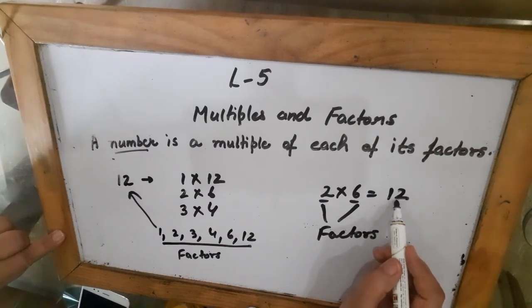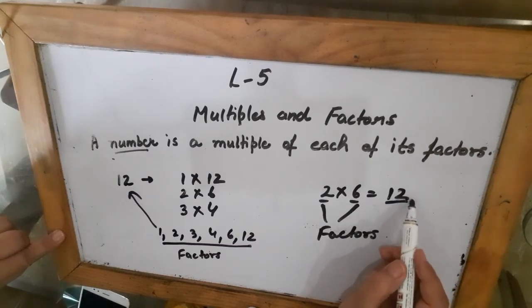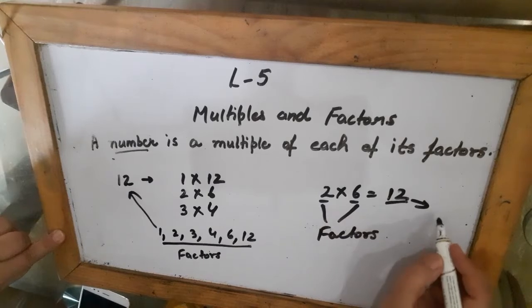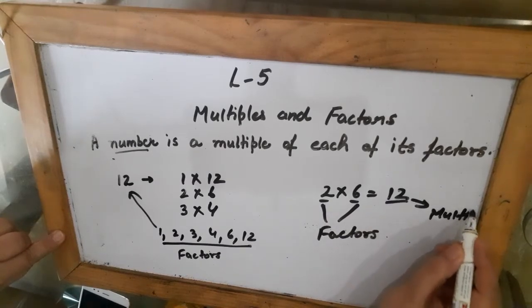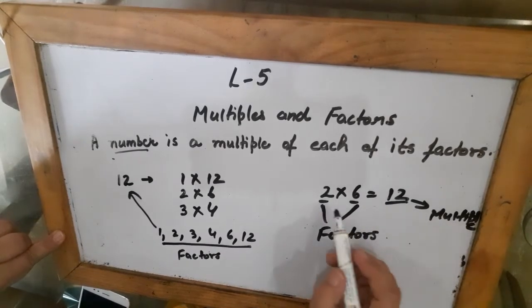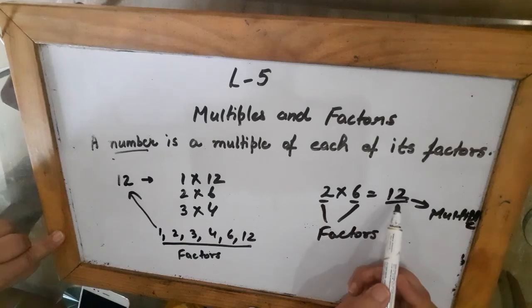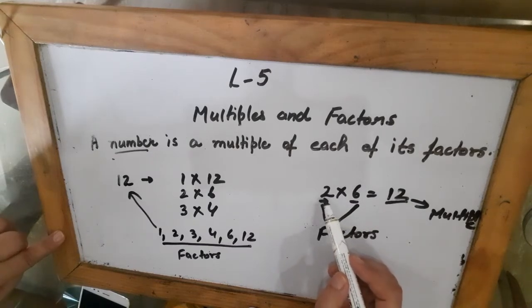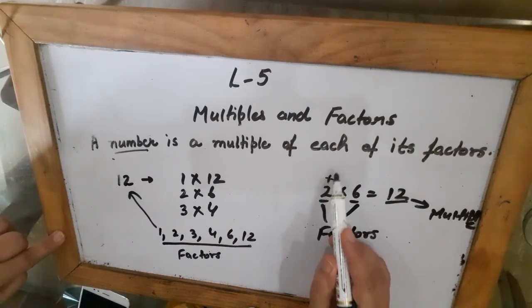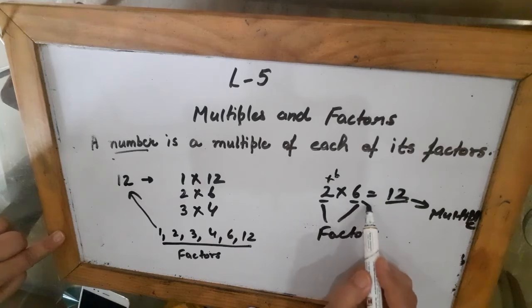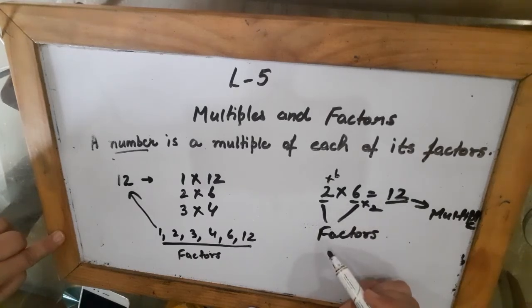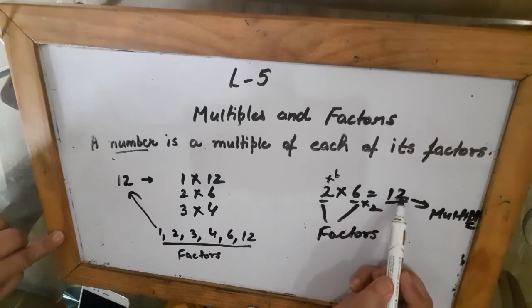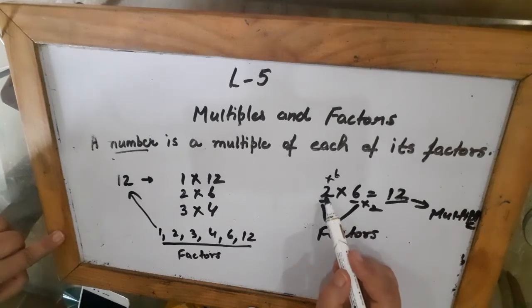And what is 12? 12 is a multiple of both 2 and 6, because multiples are obtained by multiplying the number with other numbers. When I multiply 2 with 6, I get 12, and when I multiply 6 with 2, I get 12. So 12 is a multiple of both 2 and 6.